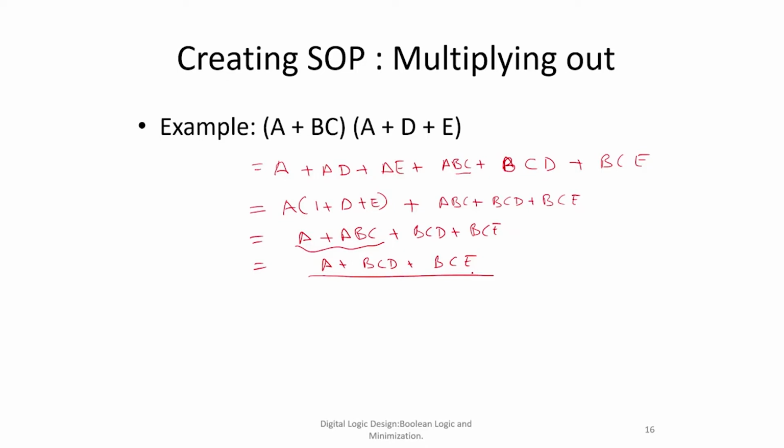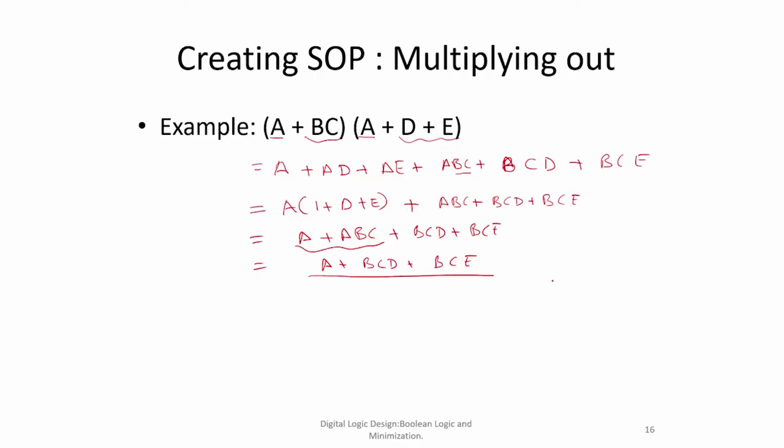Now we did this in a completely multiplication way, but is there a better way? Possibly yes. If you remember, yesterday we have seen a couple of theorems. One of the theorems which we can use here: we can say that this is a common part, so we can consider this as a separate part.